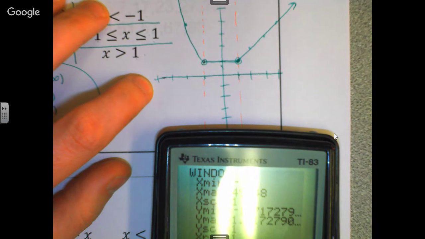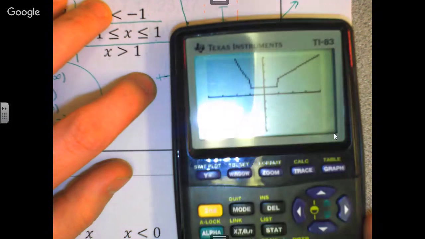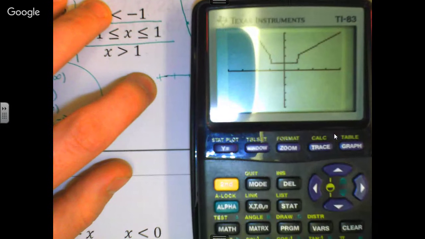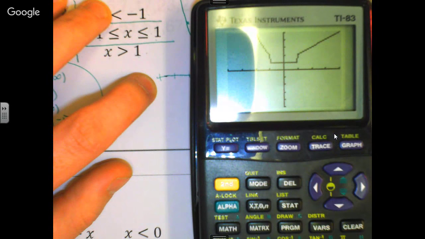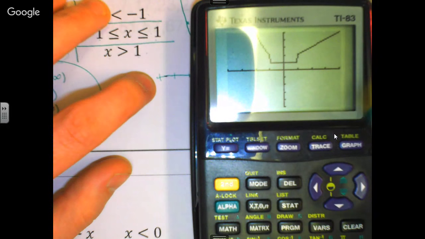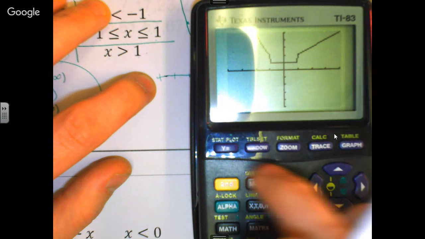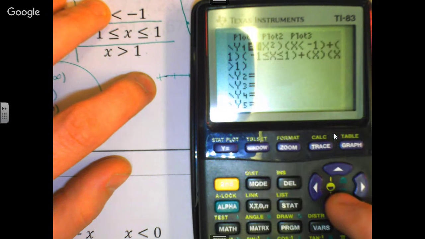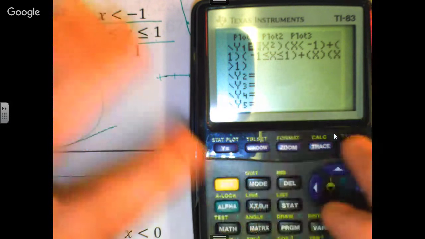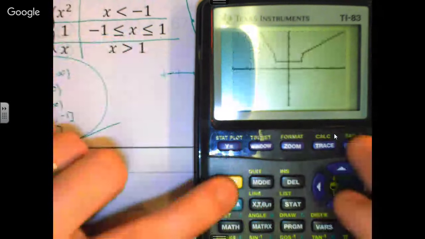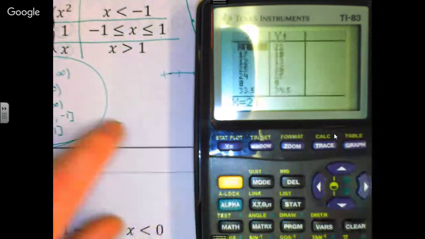So you can kind of see what's going on. And then we could even go ahead and input some values here. So at negative 1, I'm at 1, and we can check some things on that.